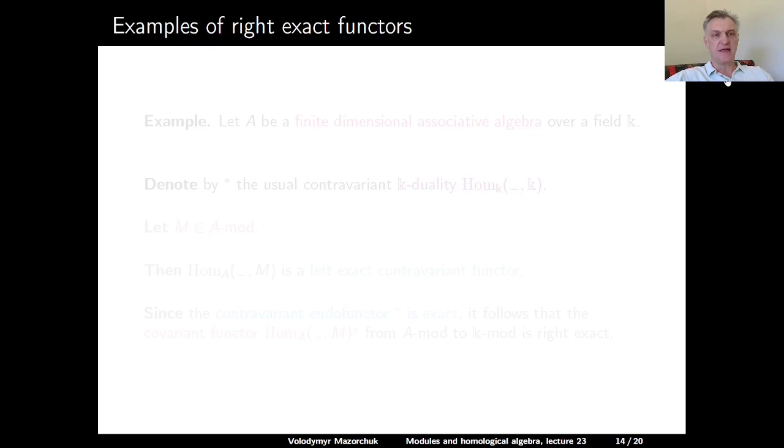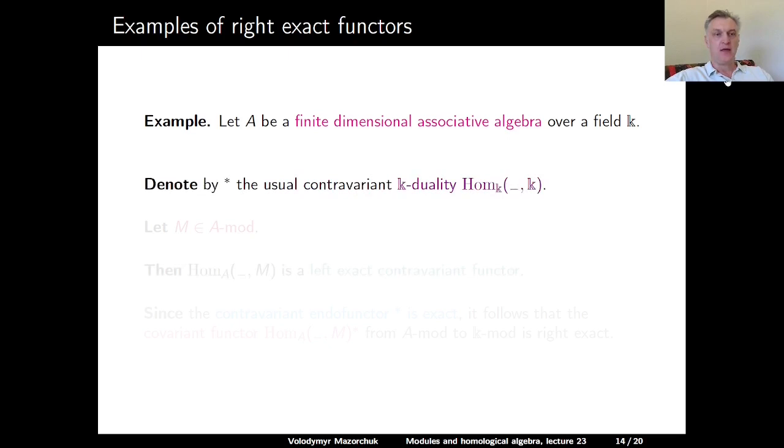Now we can discuss a nice example of a right exact functor. Example: let A be a finite-dimensional associative algebra over a field K. Denote by star the usual contravariant K duality of taking Hom over K from blank to K. Let M be an A module. Then, as we have already mentioned before, taking Hom as A modules from blank to M is a left exact contravariant functor from A mod to K vector spaces.